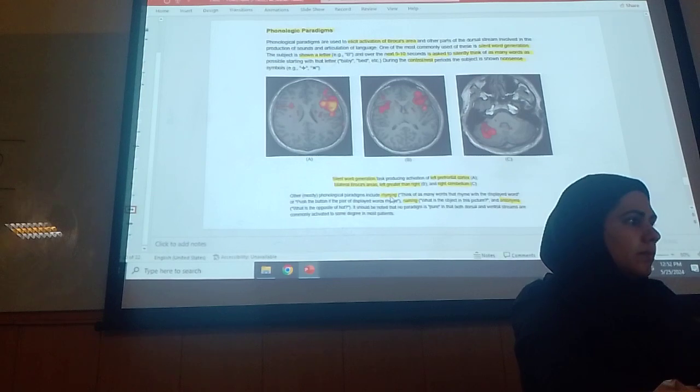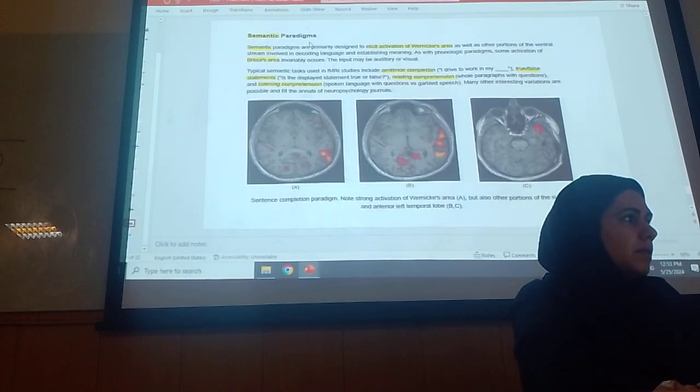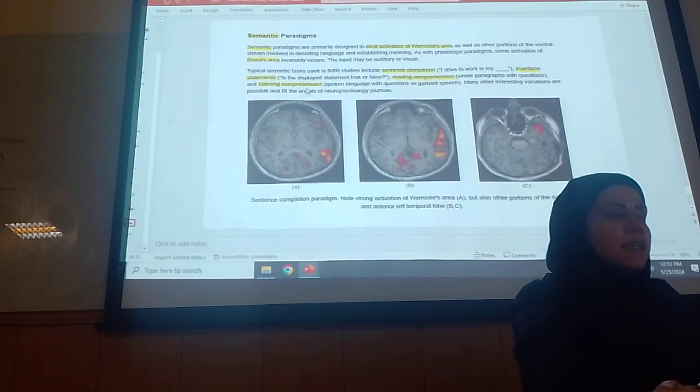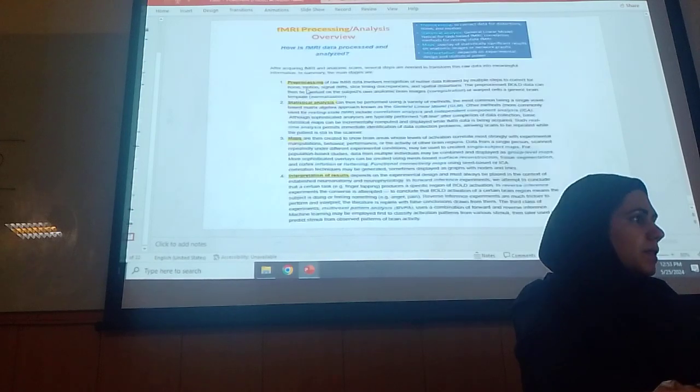Other tasks may be used for subjects, such as naming, analysis, or semantic paradigms to elicit activation of language areas. The tasks used may be sentence completion, true false statements, reading comprehension, listening comprehension. These are different tasks we use.